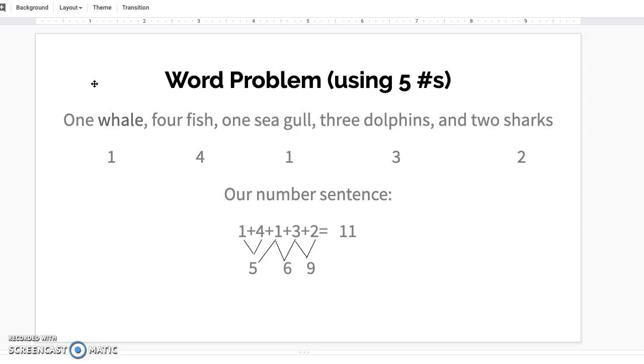And all we're doing is adding an addition mark in between every number. So we have 5 numbers. Down here I have it broken down. 1 plus 4 gives you 5. 5 plus 1 more gives you 6. 6 plus 3 gives you 9. And 9 plus 2 gives you a final answer of 11.